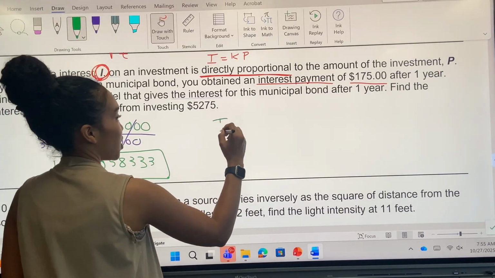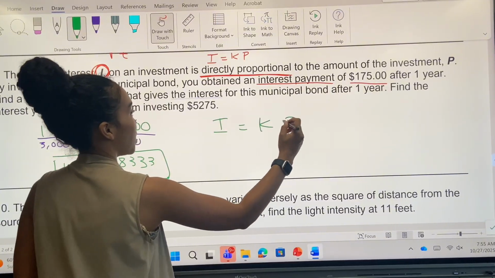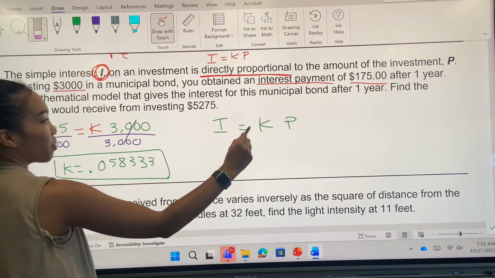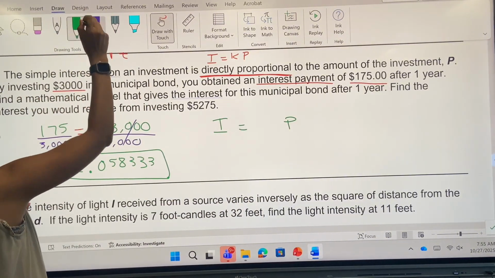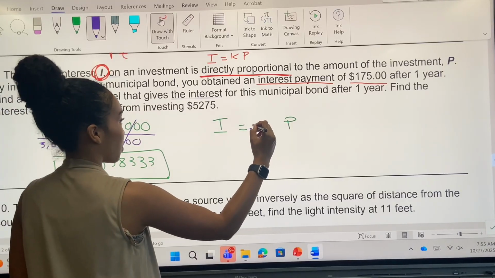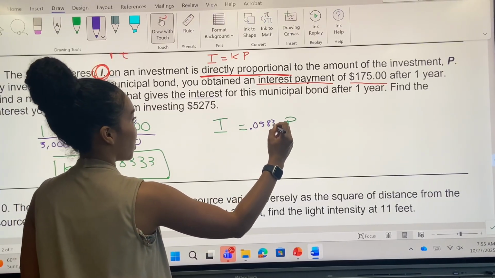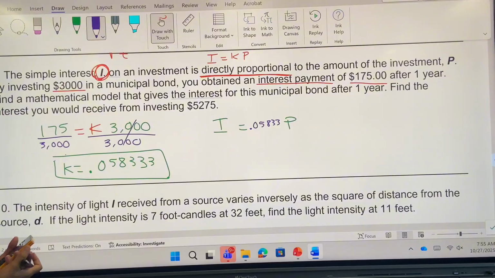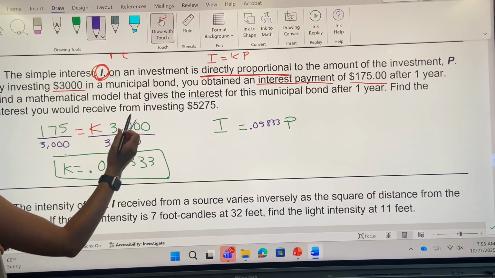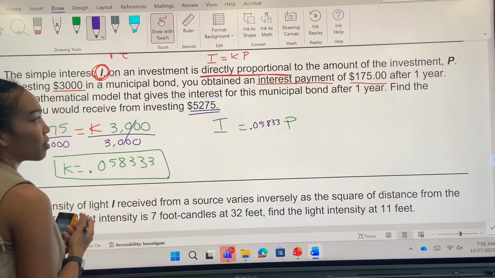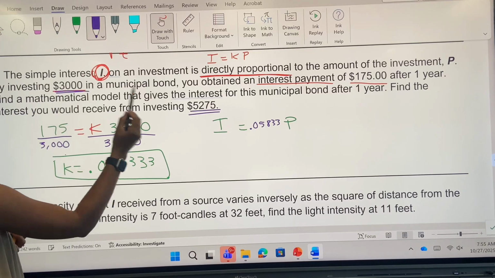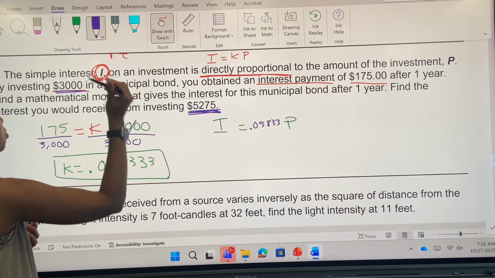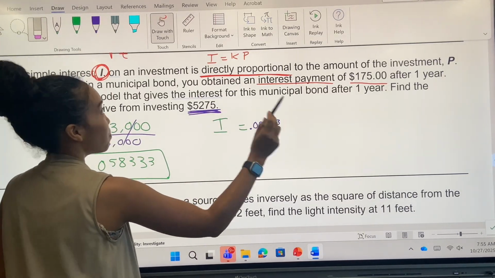So let me do my equation again. I equals k times p, but this time I know what k is. So I'm going to erase this k and put 0.05833. This time it says you are investing this much to start with. You're not starting with 3,000, you're now starting with 5,000. How much interest will you make? So I'm going to erase this p value.